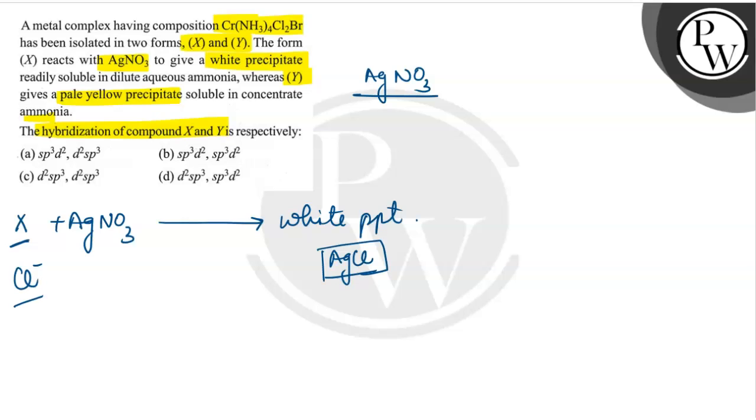One Cl will be taken inside and we only need one outside the sphere. This Cl goes out with AgNO3 to form the white precipitate of AgCl.